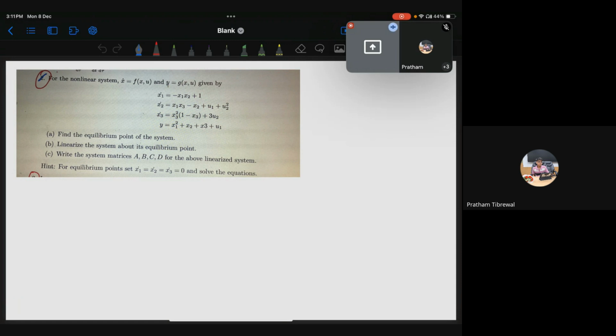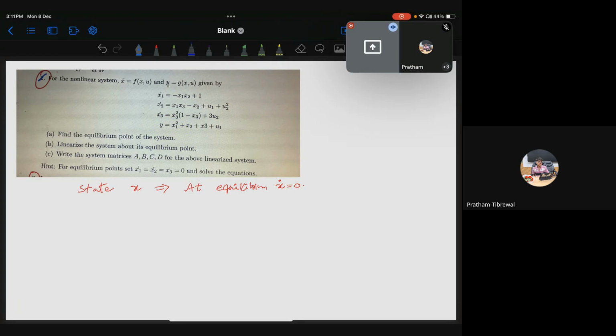So usually when you have a state of the system as x, at equilibrium the change in the state would become 0. So that is called the equilibrium point.